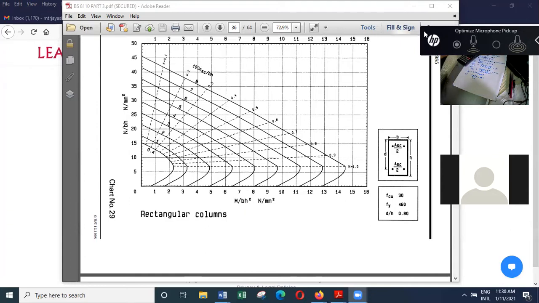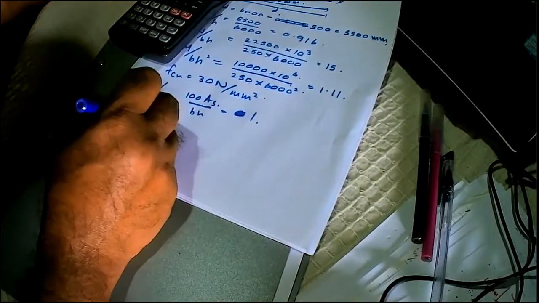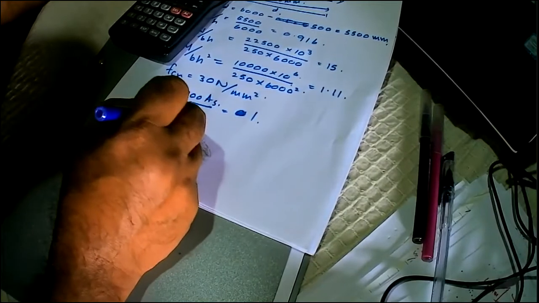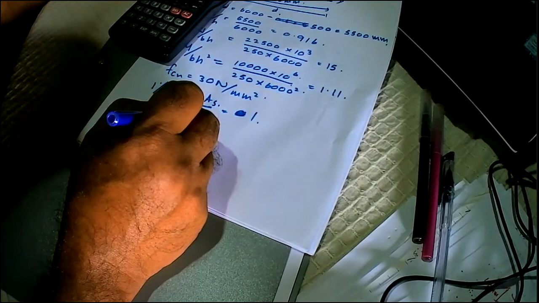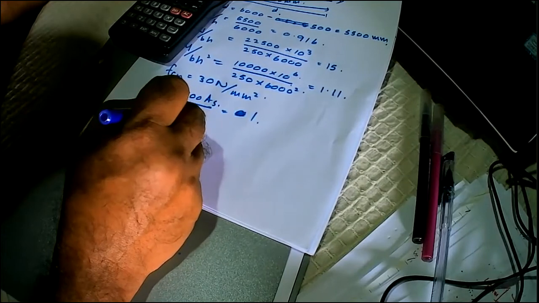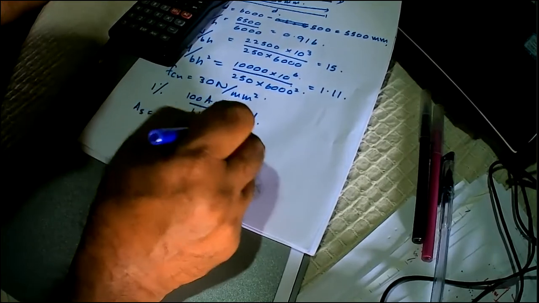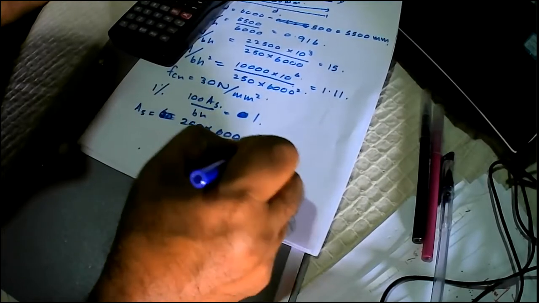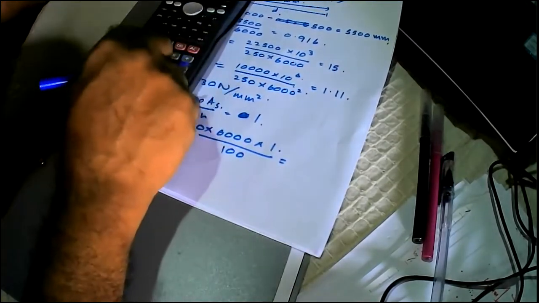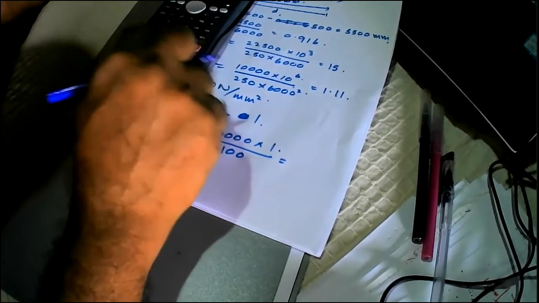So stop share, then you can see the sheet. It's 1%, which means AS is equal to 250 multiplied by 6,000 multiplied by 1 divided by 100.